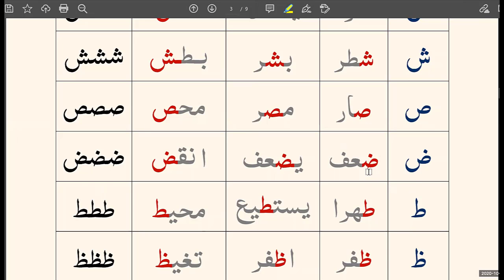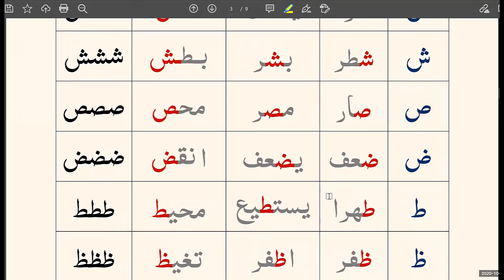Zod, ain, fa, ya, zod, dod. Mostly in South Asian countries, it is conveniently pronounced the same, under the influence of the Persian language.